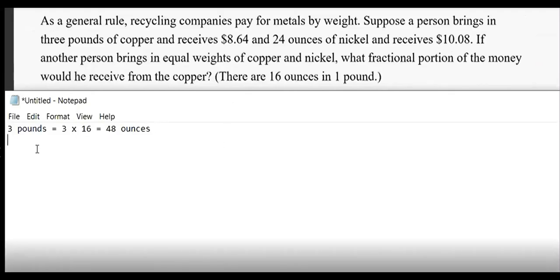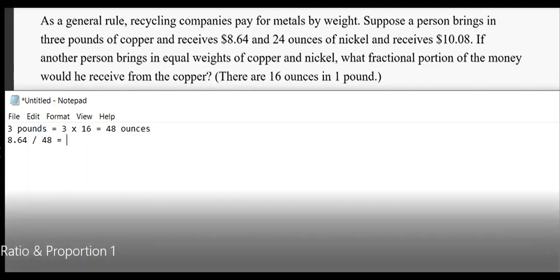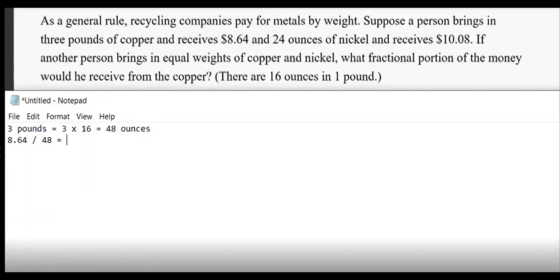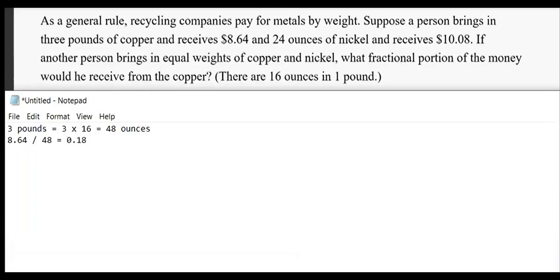Suppose a person brings in 3 pounds of metals and receives 8.64 for 24 ounces of copper. If the person brings in equal weights, what fraction of the money would be received from copper? First, 3 pounds is equal to how many ounces? And then we would convert the price per ounce. Either we can do this in ounces or we can convert it into another unit like pounds, whichever way you want.